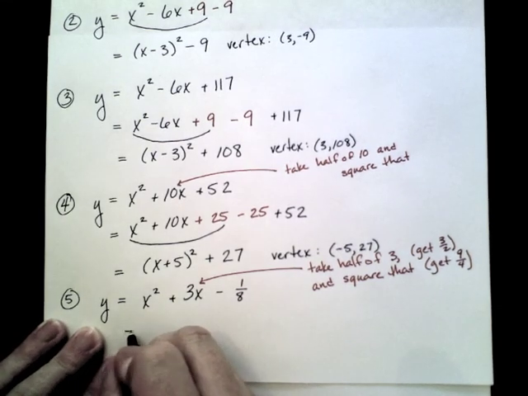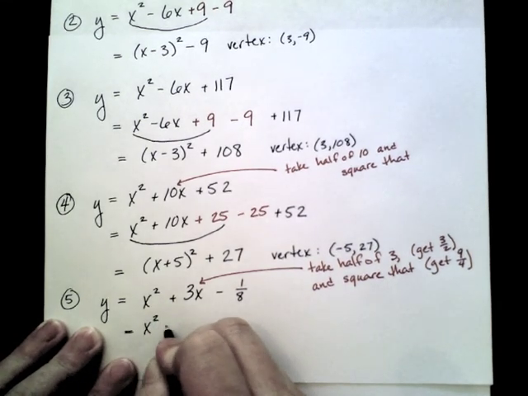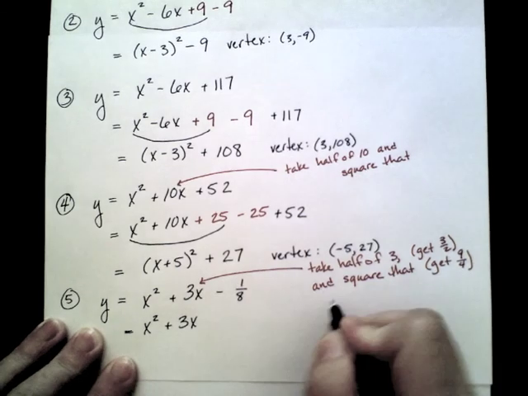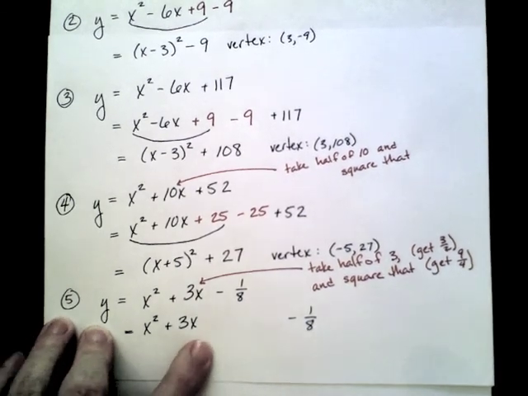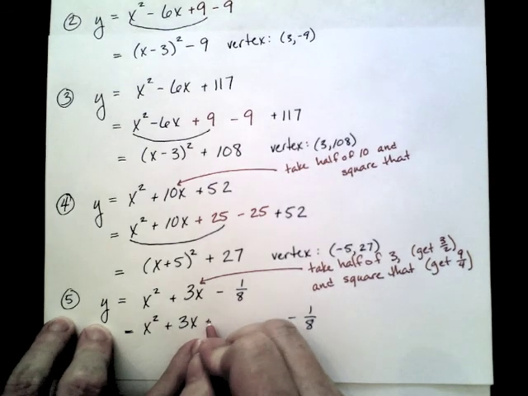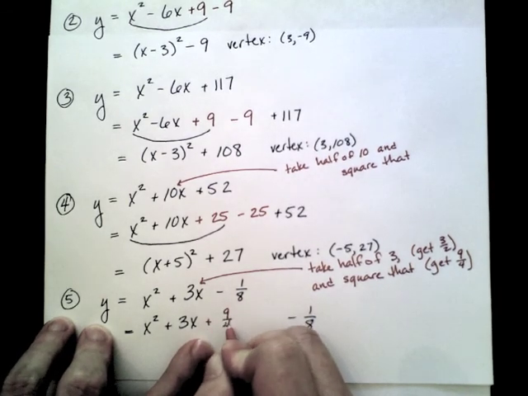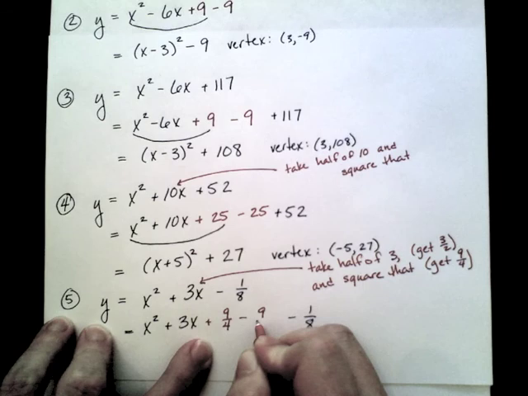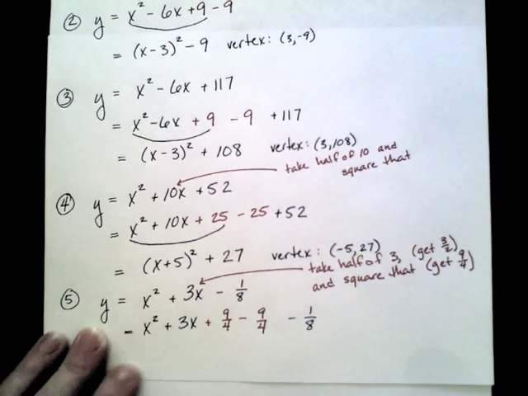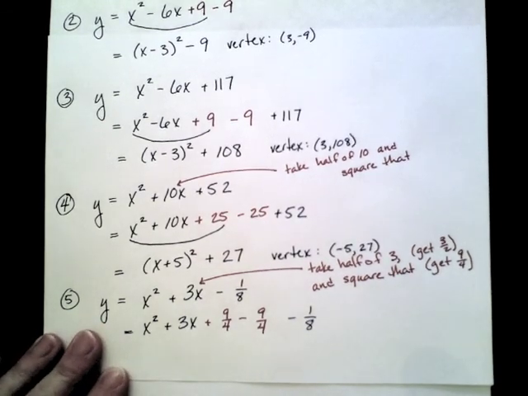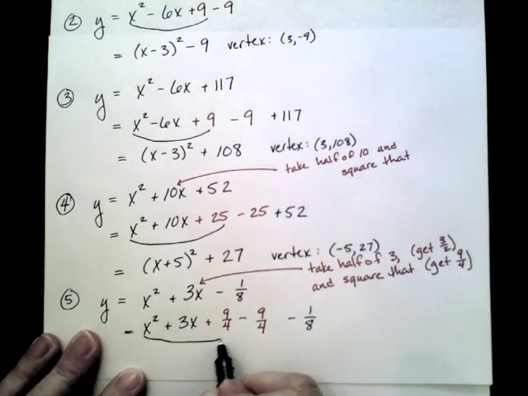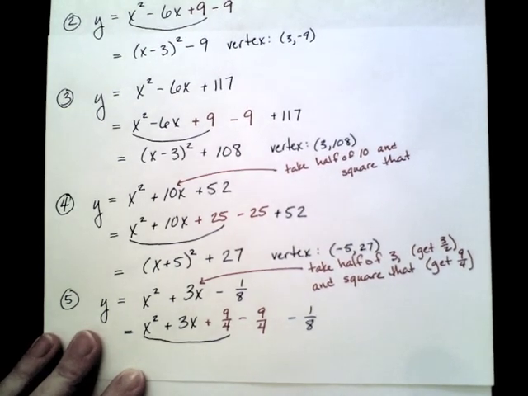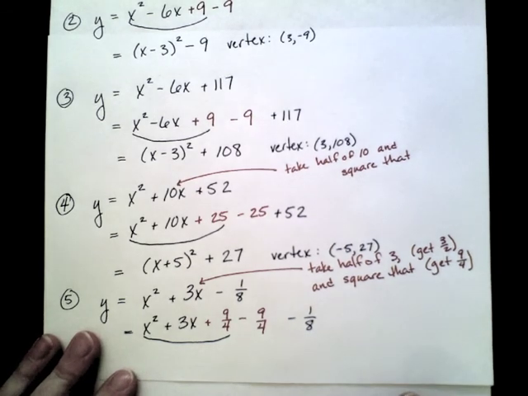Now, let me go ahead and write this line in. I'm shoving over that minus 1/8. And I'll do plus 9/4 minus 9/4. Now this is my perfect square, and I know that it is a perfect square because I have built it to be a perfect square.